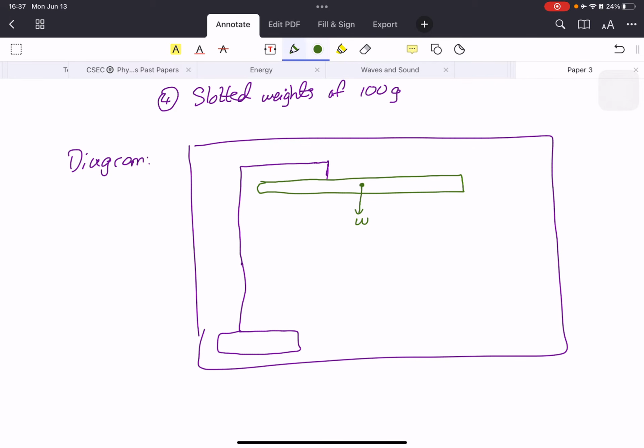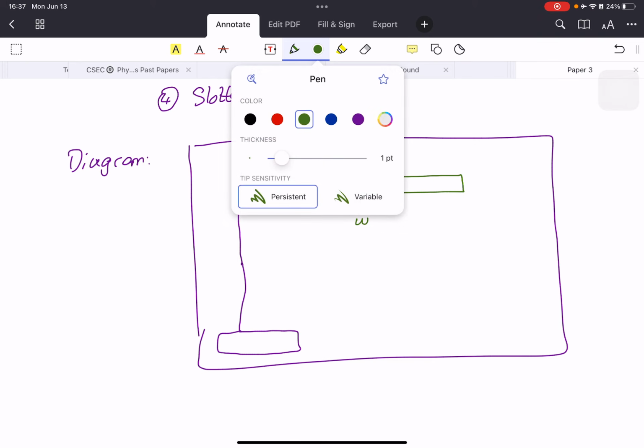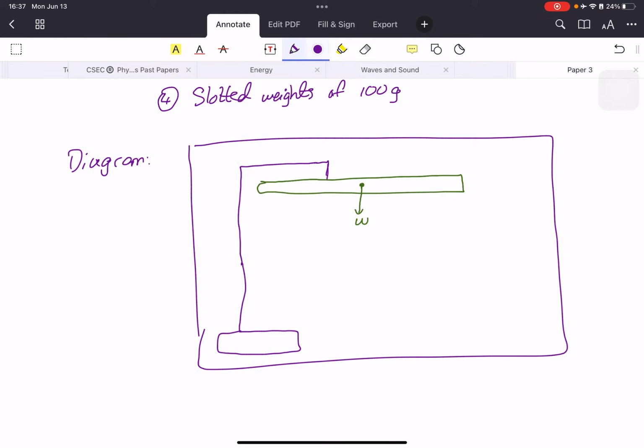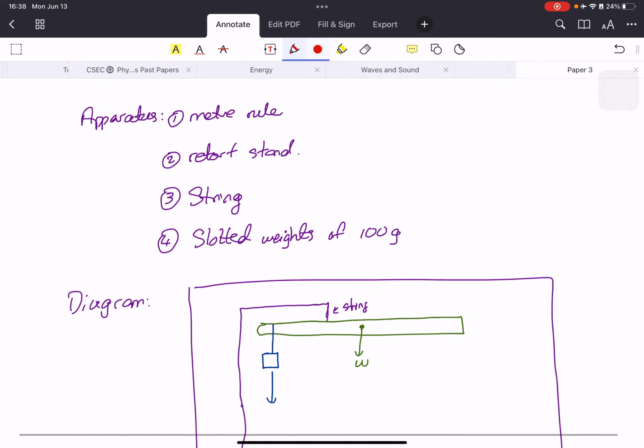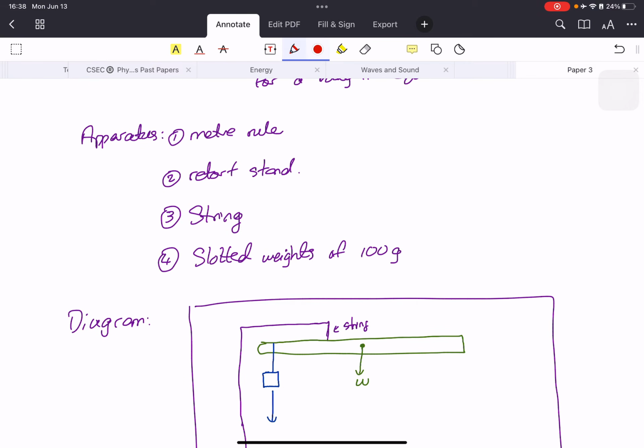So to balance this, I am going to put the mass now. I'm going to attach some string. So this is attached via a string here, right? This is string. Now I'm going to take some more string and attach one of the weights on this side. So the weight is going to pull down on this side, and it's going to counteract the weight that is going down there, because remember, the principle of moments says that the total anti-clockwise is equal to the total clockwise.